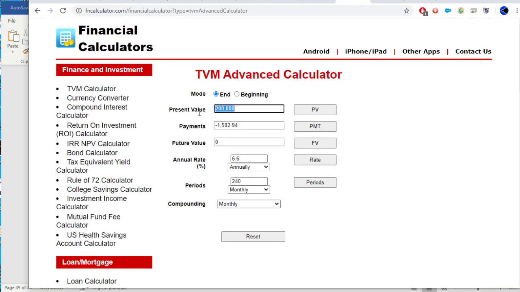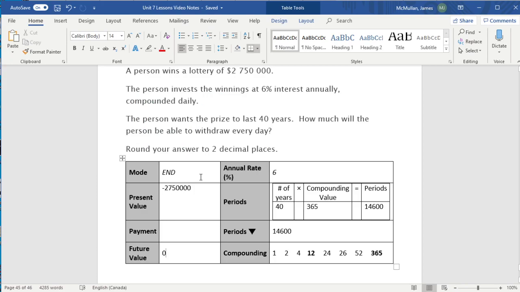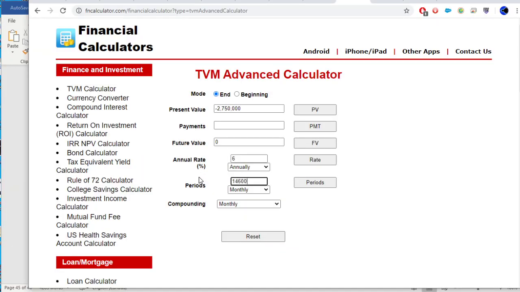So let's type it in. Present value, negative 2,750,000. Payments we don't know. Future value is 0. Annual rate is 6. Periods is 14,600, and that's daily and compounds daily. So how much could they take out each day?